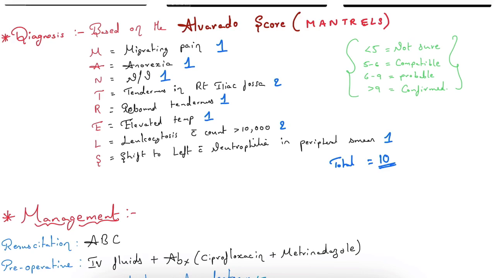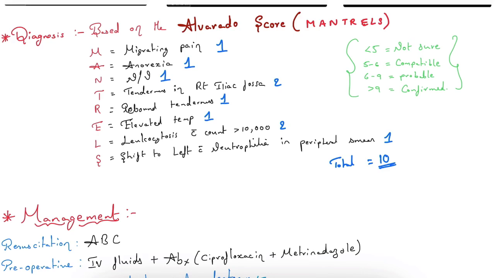MANTRELS. M means migrating pain. For migrating pain we give 1 mark. Migrating pain means the pain radiates from the umbilicus to the right lower quadrant, near the ASIS. A means anorexia, 1 mark. N means nausea and vomiting, 1 mark.